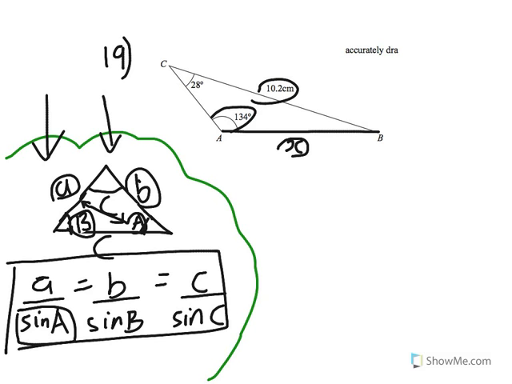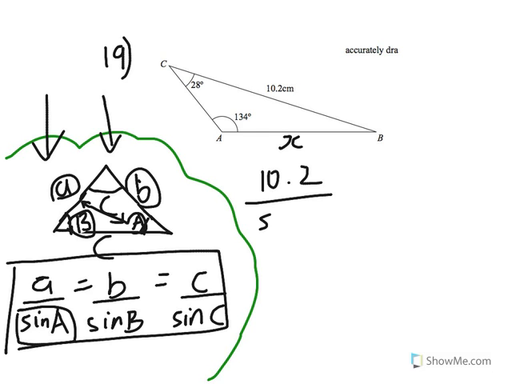In this case, we have the opposite side of the angle 134, and that's 10.2. And we want to find the opposite side of the angle 28. So we can use this ratio over here. We can say that 10.2 over sine 134 is equal to x, which is the side we want to find, over sine 28.